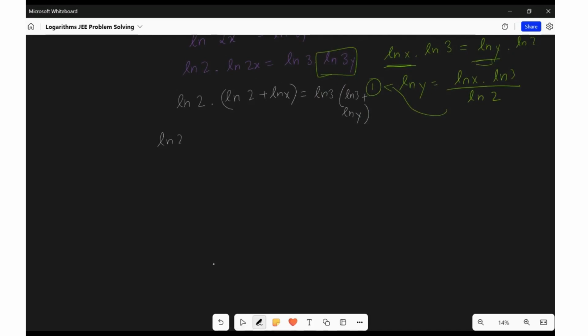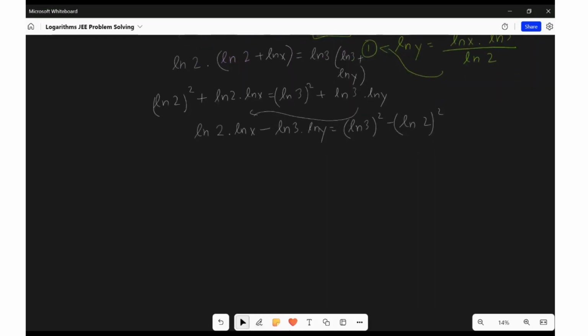Now (ln 2)² plus ln 2 into ln x is equal to (ln 3)² plus ln 3 ln y. Okay, so let's take this value here. Now ln 2 into ln x minus ln 3 into ln y is (ln 3)² minus (ln 2)².